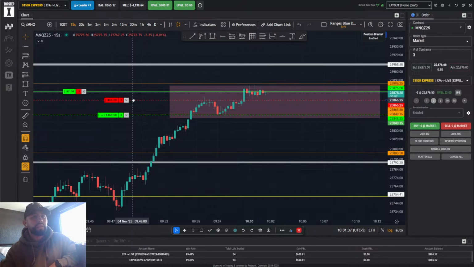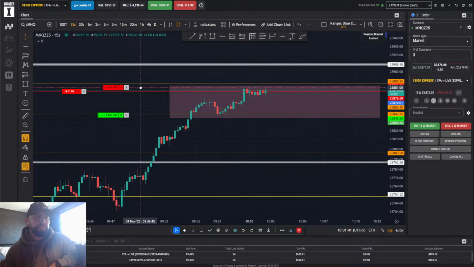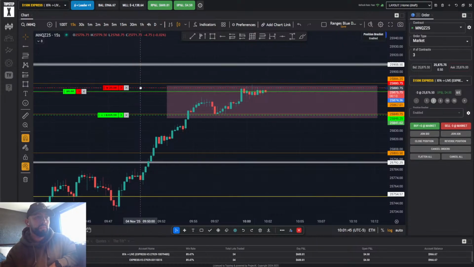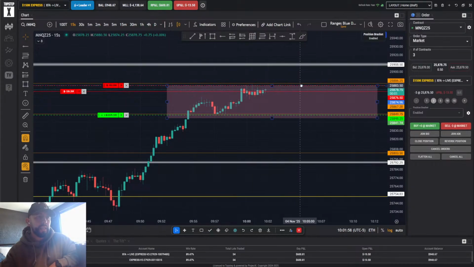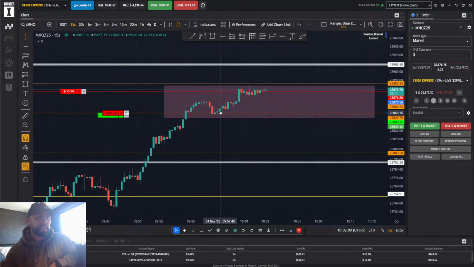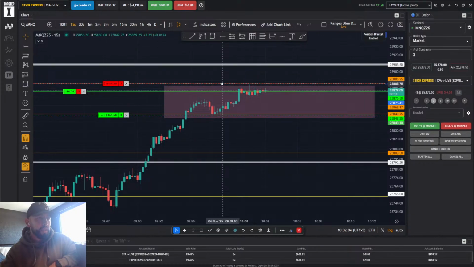Once it breaks the 66s, I'd probably move my stop to the 80s. We're having a little bit of trouble here at the 70s and the 80s, so we're stuck between these right now. But at least I know I'm selling the higher end of the range, not trying to sell down here. So you just let probabilities work in your favor.